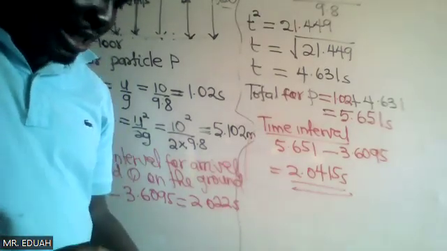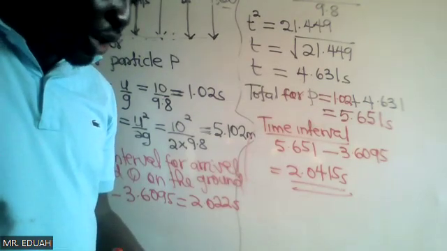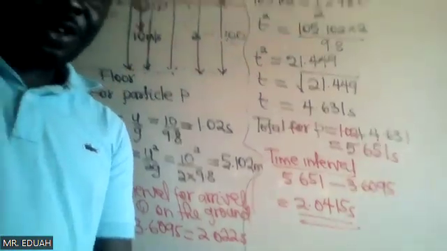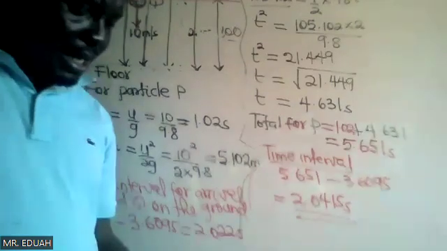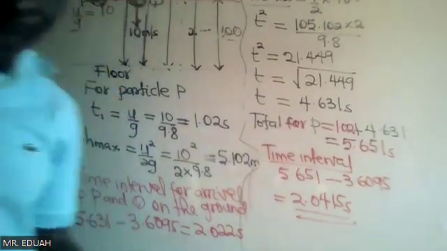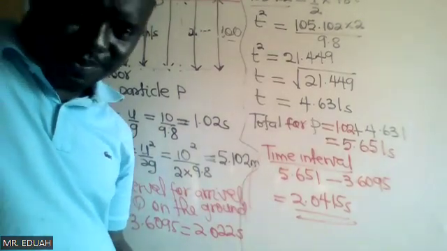Then the B question, find the velocity with which Q is shot. Take acceleration due to gravity to be 10 meters per second squared.